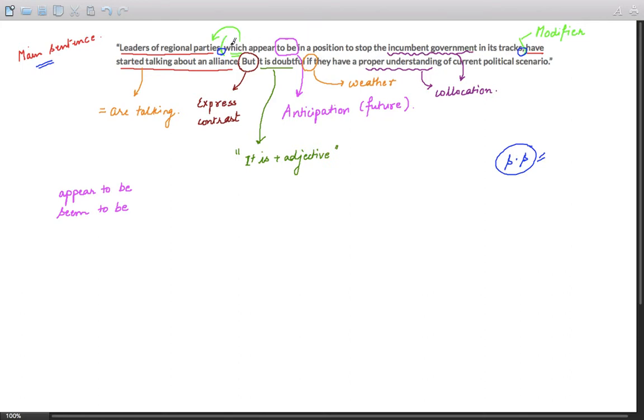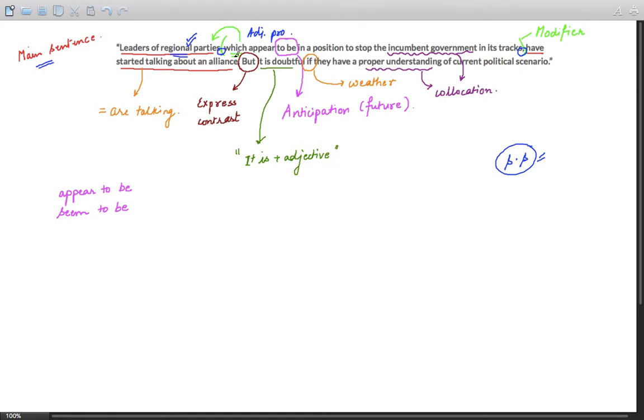Now which is an adjective pronoun, and this is basically an adjective clause that gives a quality of the word it is placed next to. So what is it placed next to? It is placed next to regional parties. Who is in a position to stop the incumbent government? The regional parties. And the which refers to regional parties.